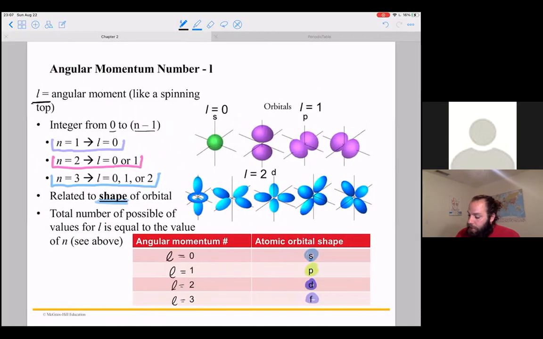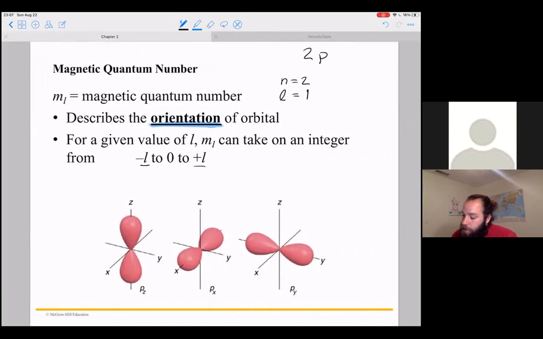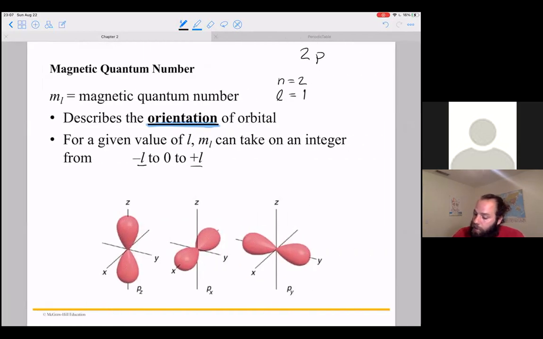Remember this correspondence: s is 0, p is 1, d is 2, f is 3. So this would correspond to L equals 1, and M sub L can take on any value from negative L to L. So that would be a value of negative 1, 0, or 1.